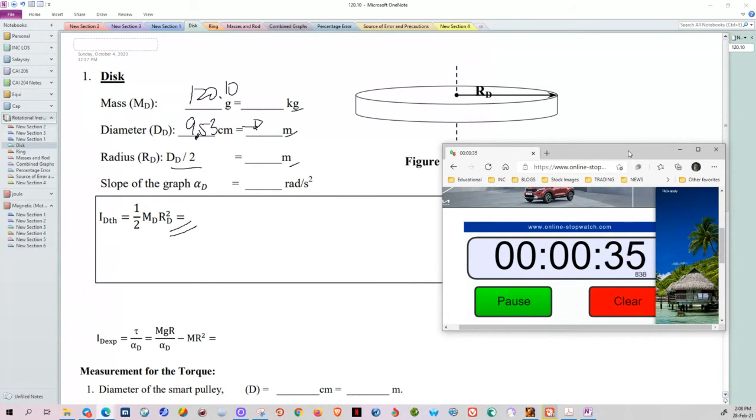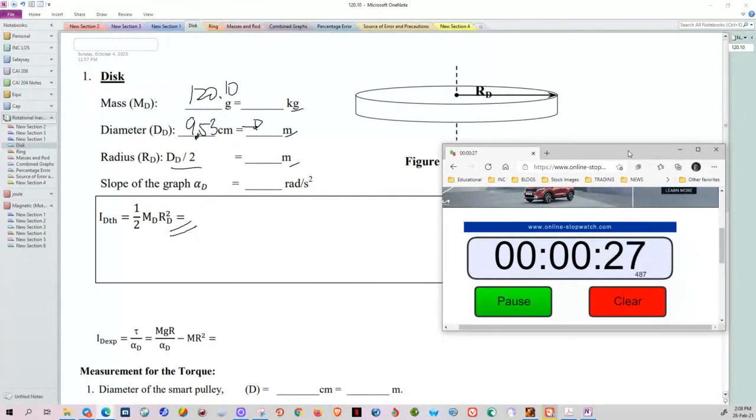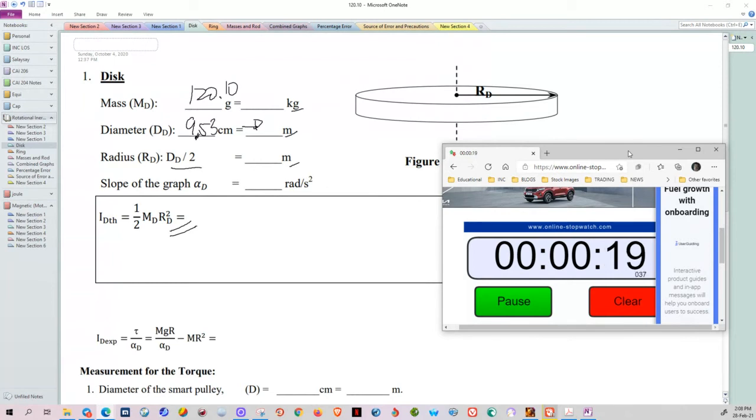What about the others? The others, they don't care. 30 seconds. Osama, this is the rule.